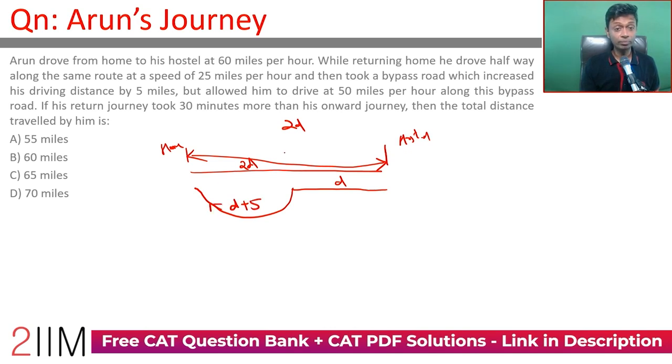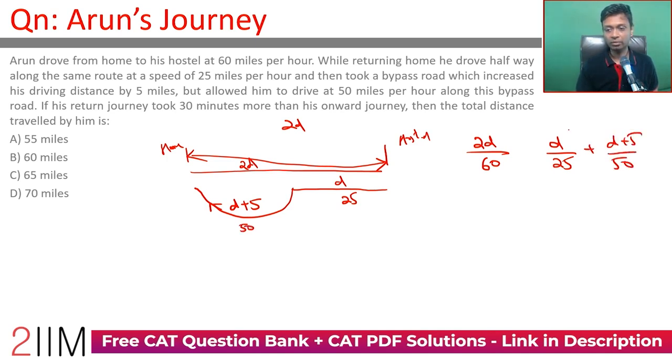And while going, I'm going to assume that this d is in miles. The time taken would have been 2d by 60. While returning, the time taken would have been d by 25, because he's traveling at 25 miles, and d plus 5 by 50, plus d plus 5 by 50. This is onward journey. This is return journey.